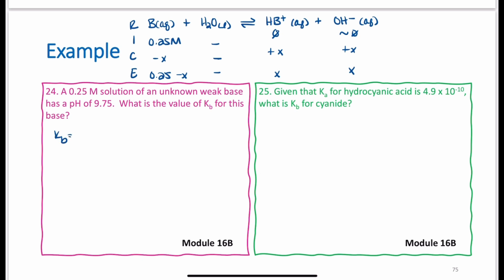So write out the K expression here. I know it's Kb because I've got hydroxide. And I know that if I put in my values for my equilibrium, I would have x squared over 0.25 minus x. How do I figure out what to plug in here? I'm going to take advantage of that pH again.